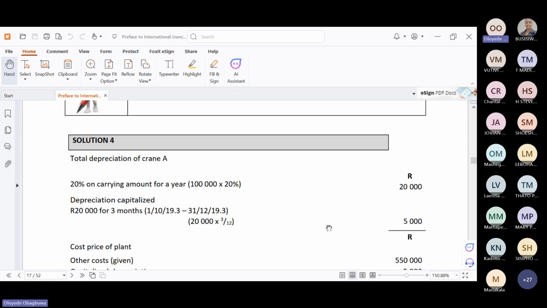It means the depreciation that will be charged in respect of that crane in its previous working place will only be 15,000, because for these 3 months the crane has been withdrawn, and you have to remove the depreciation that relates to that period.